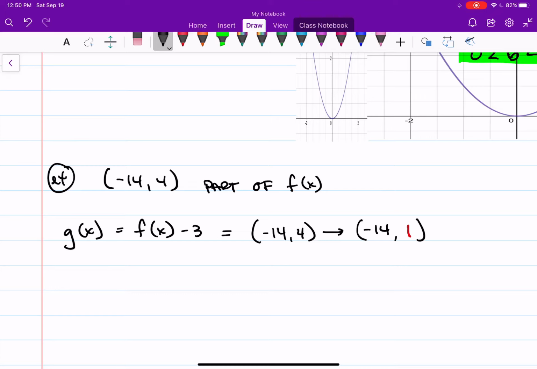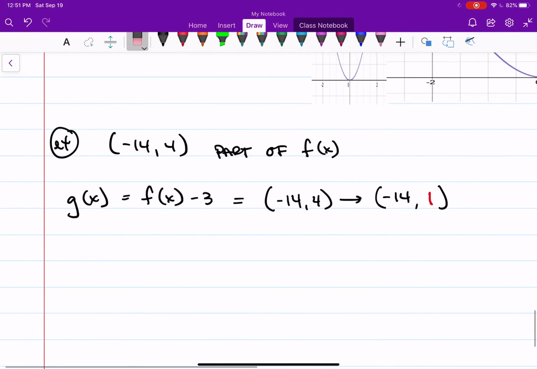Why? Again, f of x is my y value. It says take my y value and subtract 3. So I took my y value, which is 4, subtract 3, and I get 1. That's all it is. It really isn't that deep.